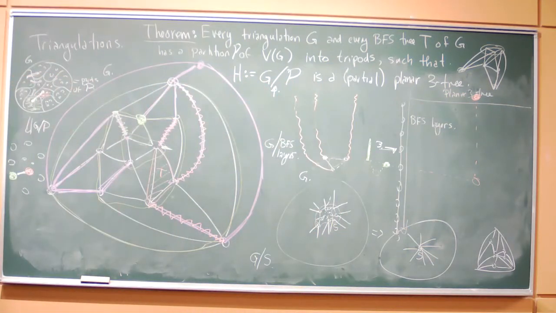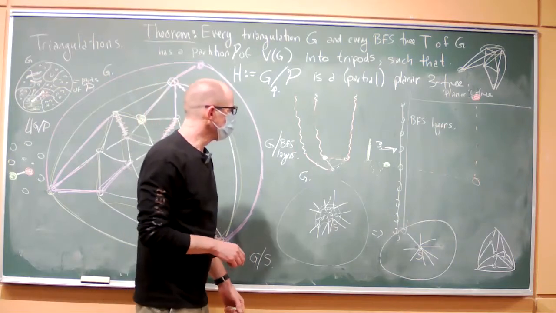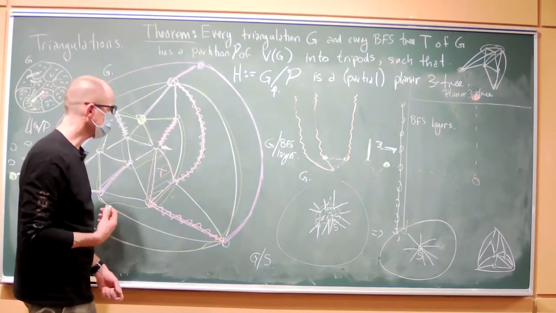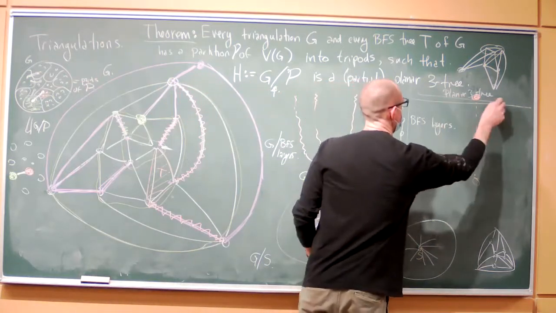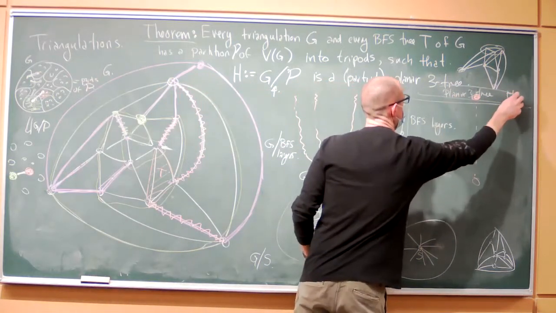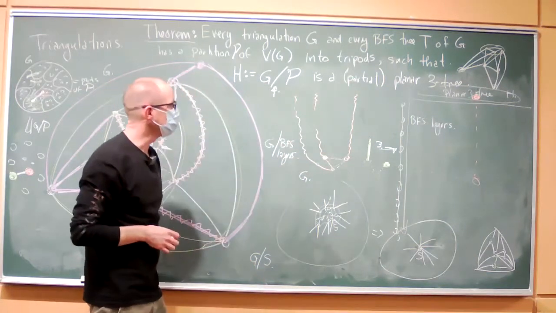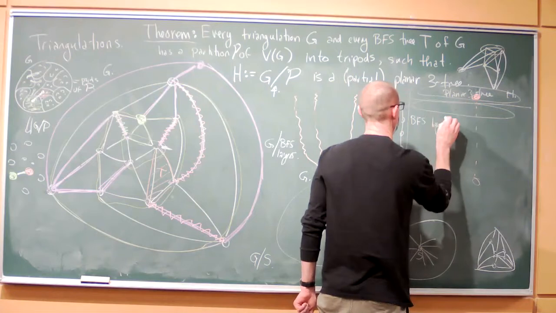And another view of this is to imagine the following. You take whatever this graph is, H here. It's not complicated. It's a planar 3 tree, or part of a planar 3 tree anyway. And you make copies of it.